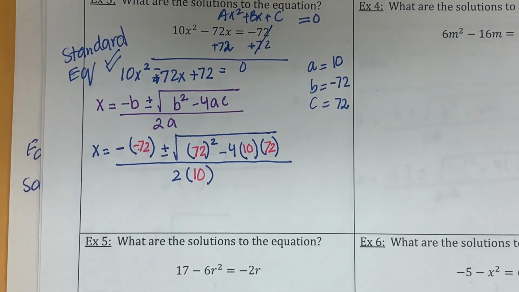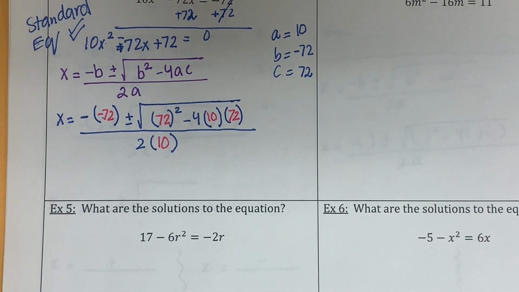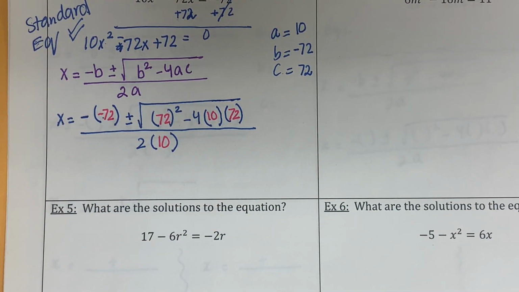All right, I have the equation. Now use your calculator because you have very big numbers, so you are going to use the calculator to simplify the part under the square root. I'm typing 72 squared minus 4 times 10 times 72.